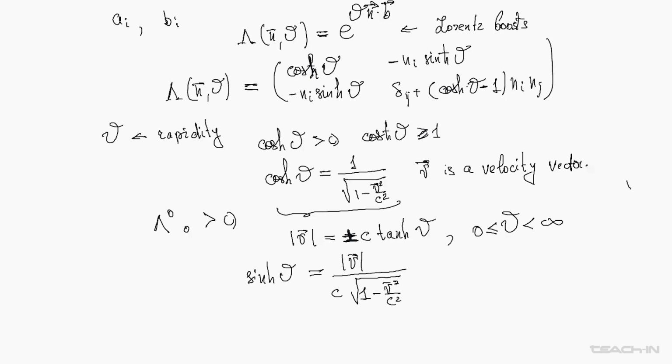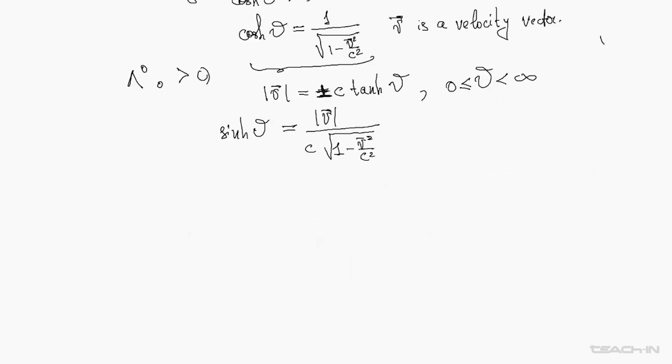Lambda is now parameterized by a three-dimensional vector V. And this is a 4 by 4 matrix, which has the following structure. Here I have square root of 1 minus V squared divided by C squared.